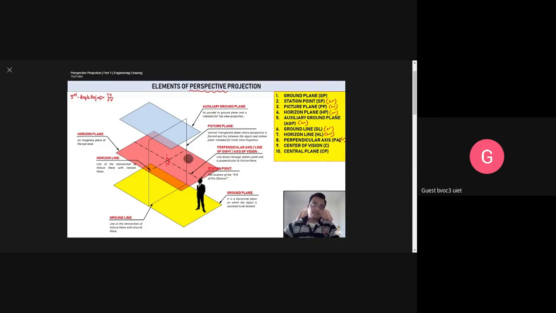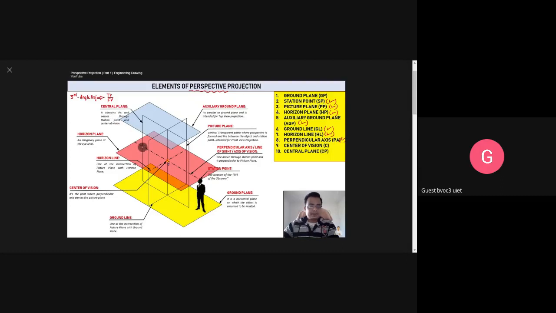Finally, two more points. One is the center of vision. If you watch here carefully, guys, this intersection over here is what is referred to as the center of vision. It is the point where the perpendicular axis pierces the picture plane. And then finally we have this, which we call the central plane.